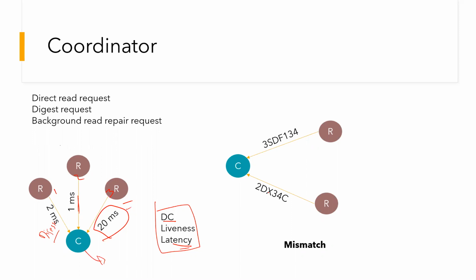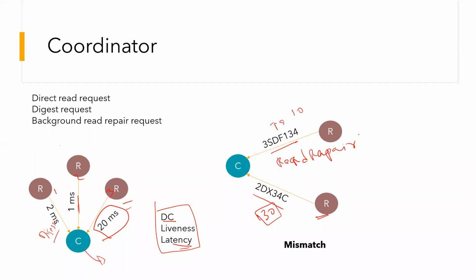Let's say you have two different results coming out of these two, the data and the digest request. Then it knows that this is of timestamp 10 and this is of timestamp 30, which means this is more recent information from this particular node. Then it initiates a read repair on the second node that it is receiving data from.